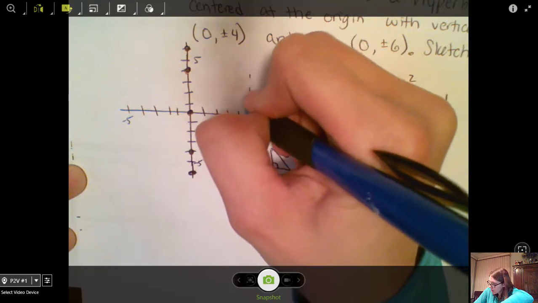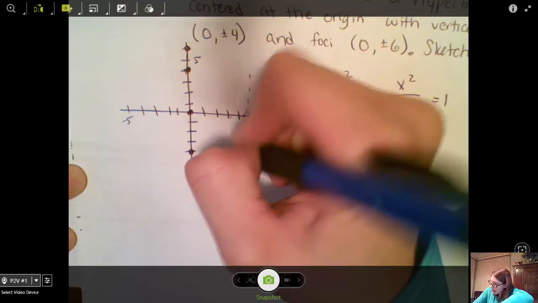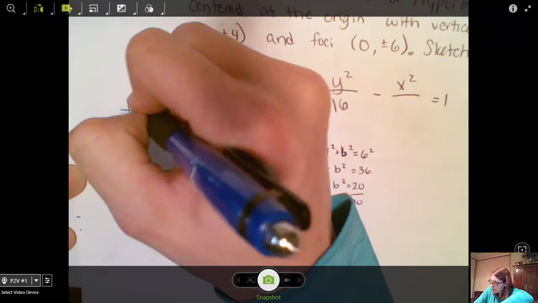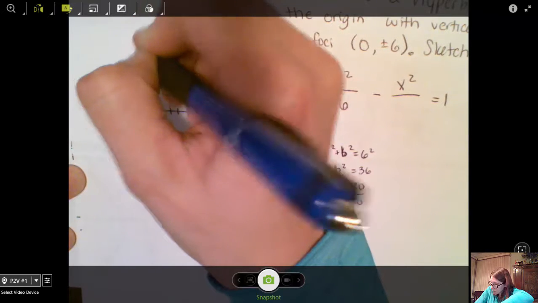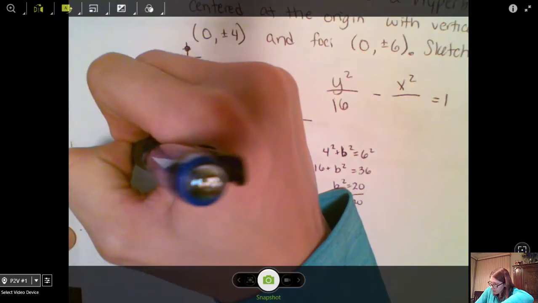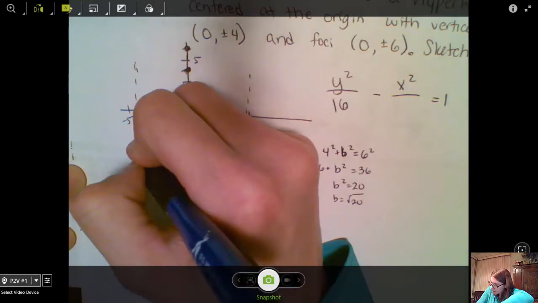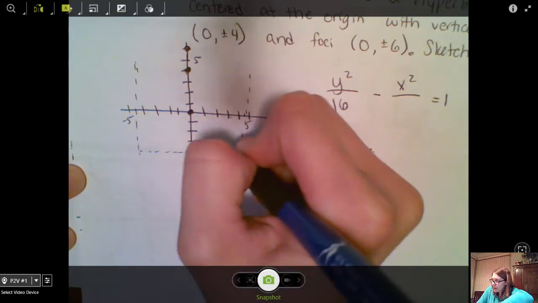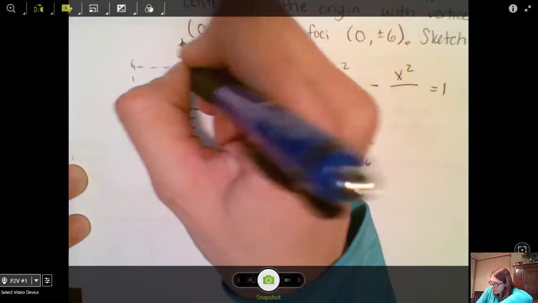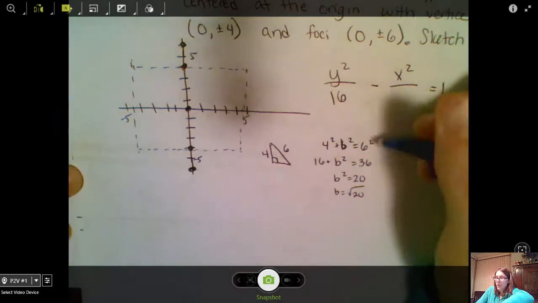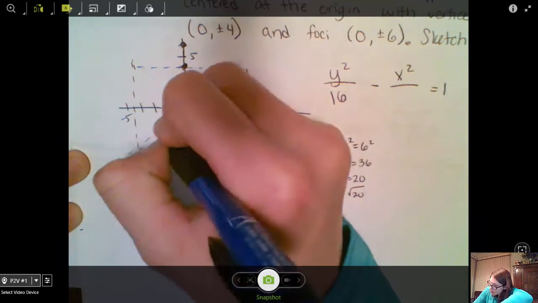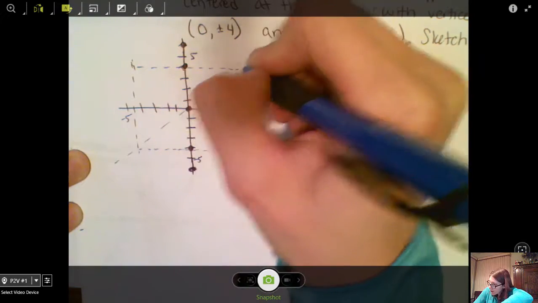That's helpful because that tells us the width of our central rectangle. Oops. Going through our vertices and that b value. Again, our diagonals form the asymptotes for our hyperbola.